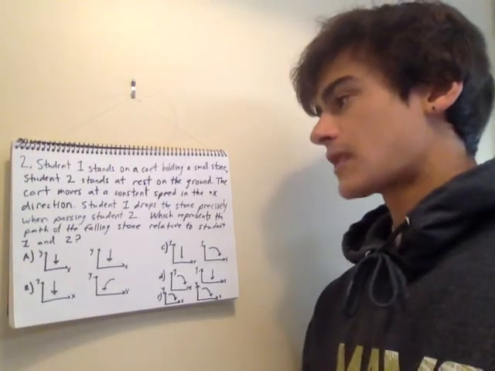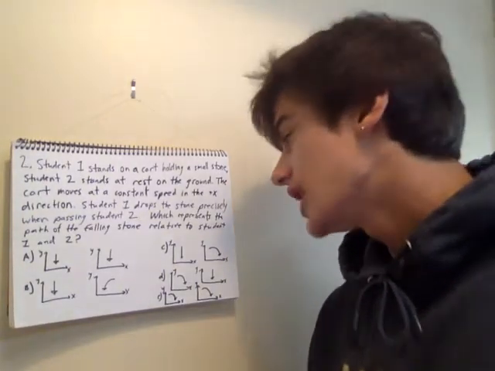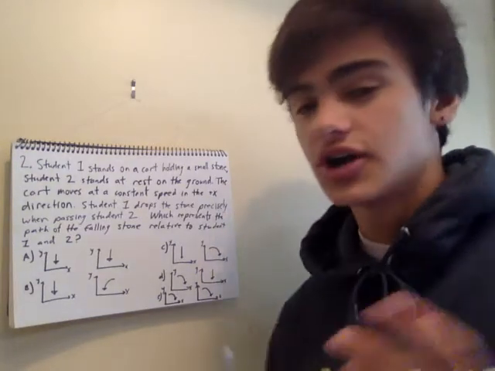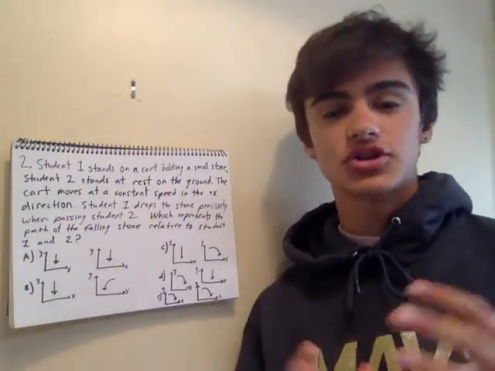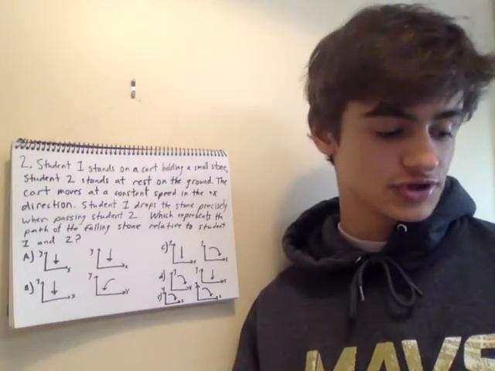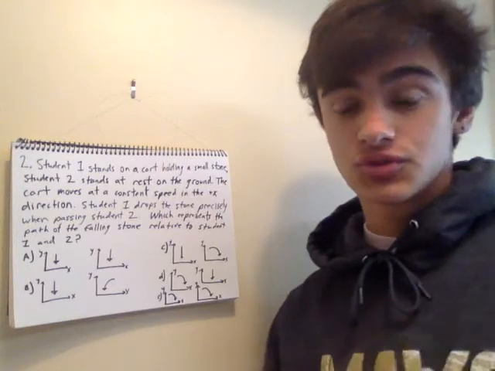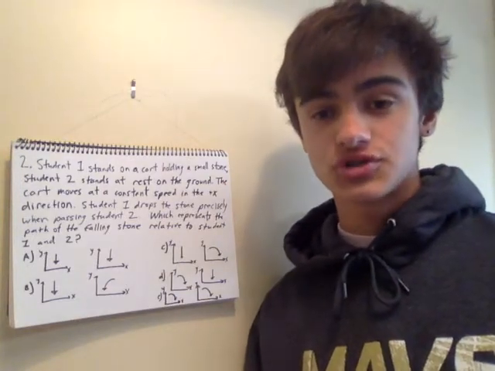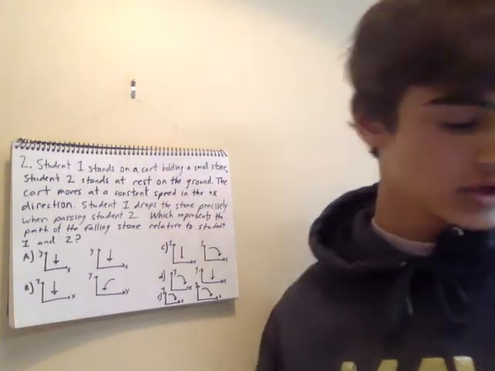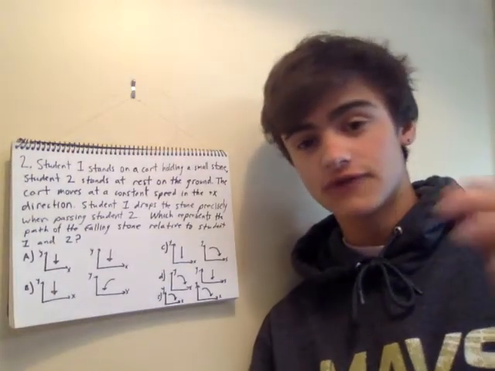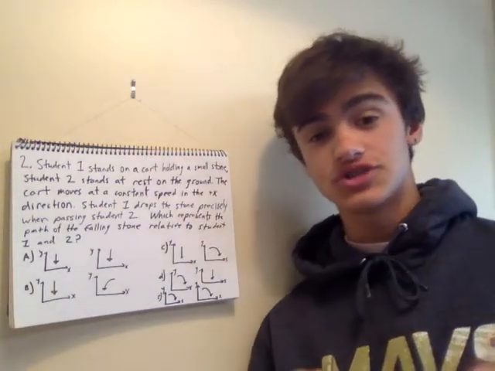We know it's not going to look the same for student 1 and for student 2, because student 1 is moving, student 2 is stationary. So student 1 and the rock are moving at the same forward velocity, and student 2 is stationary on the ground.